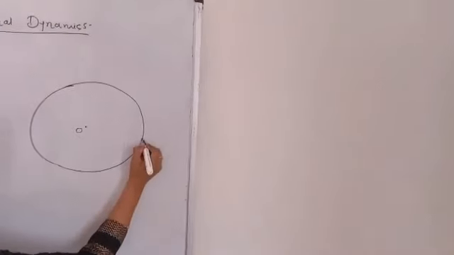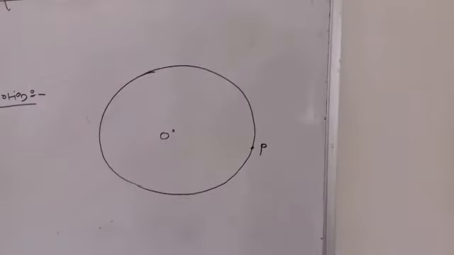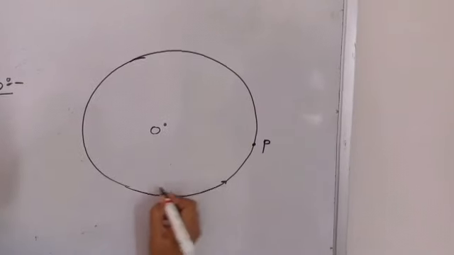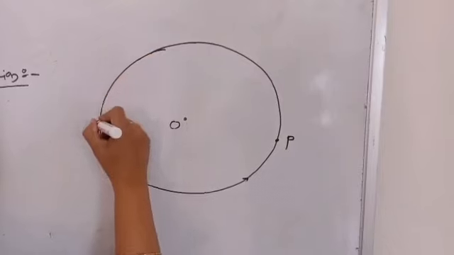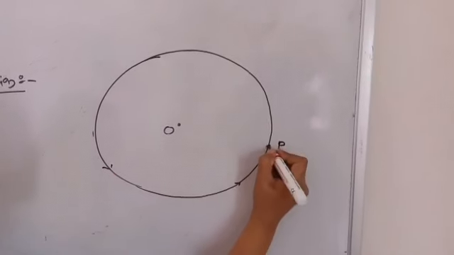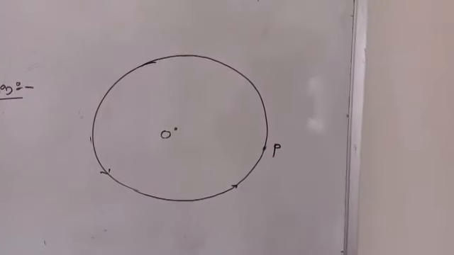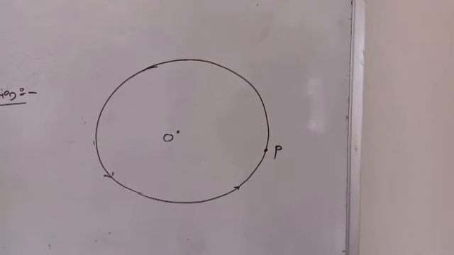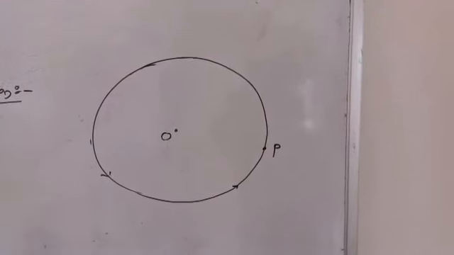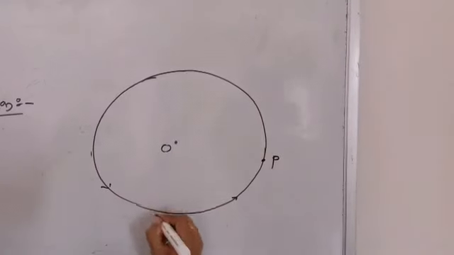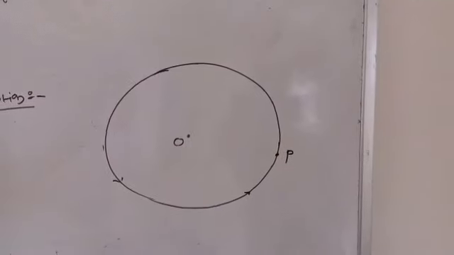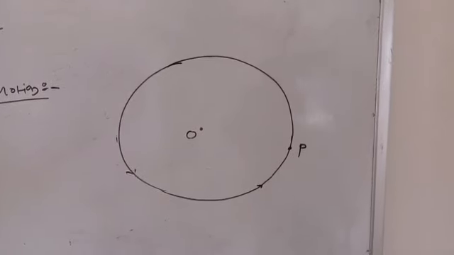Here P is the position of a particle. That particle is moving along the circumference of a circle. The motion of that particle is circular motion. That is, overall, when a particle is moving along the circumference of a circle, that motion is known as the circular motion.